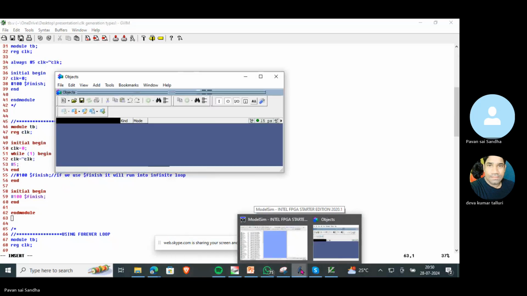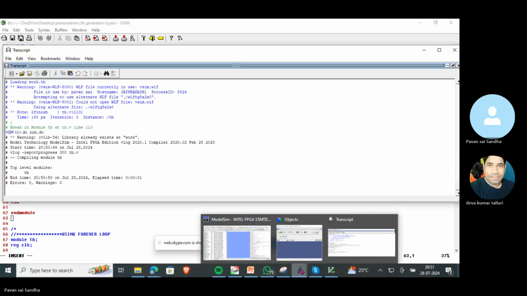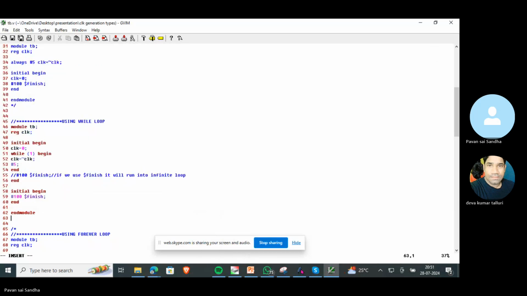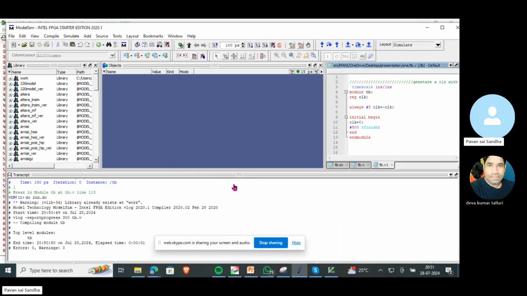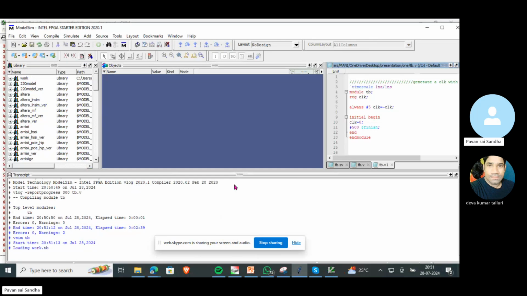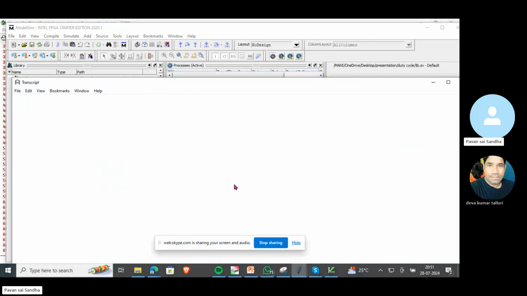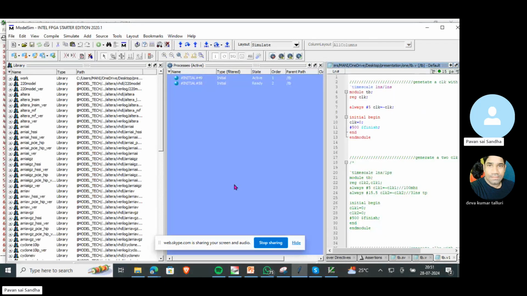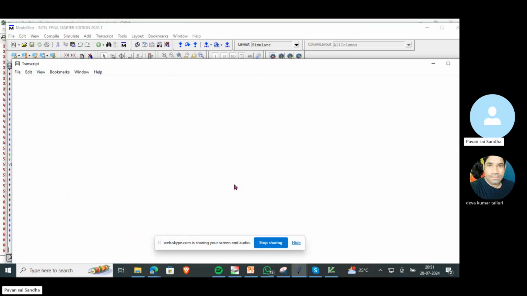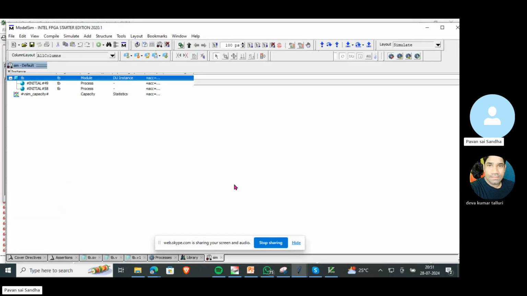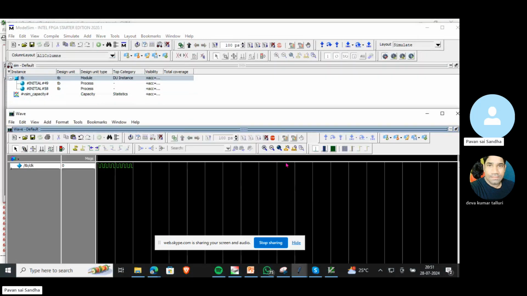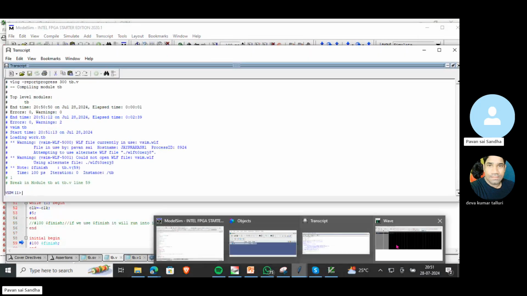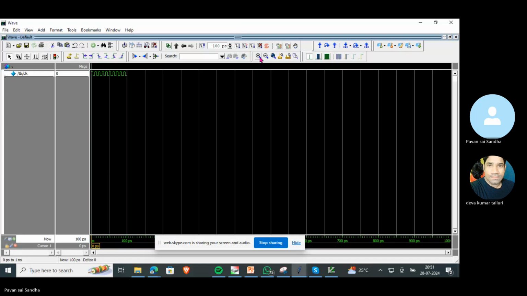It's running. We got output for this also using a while.